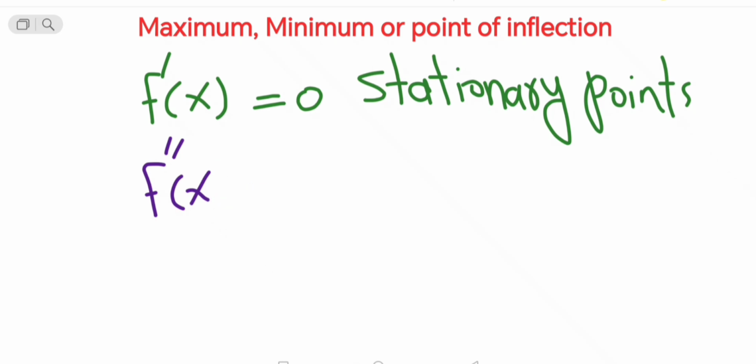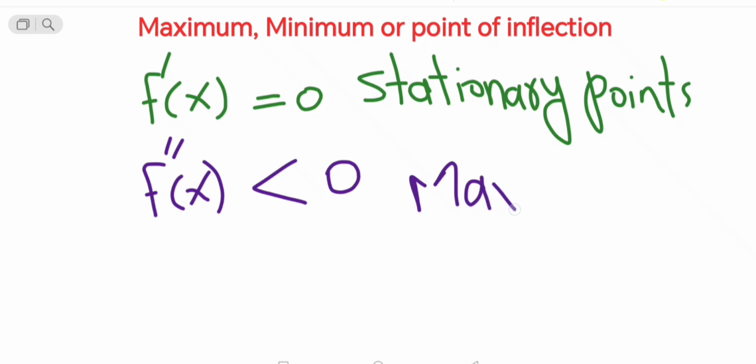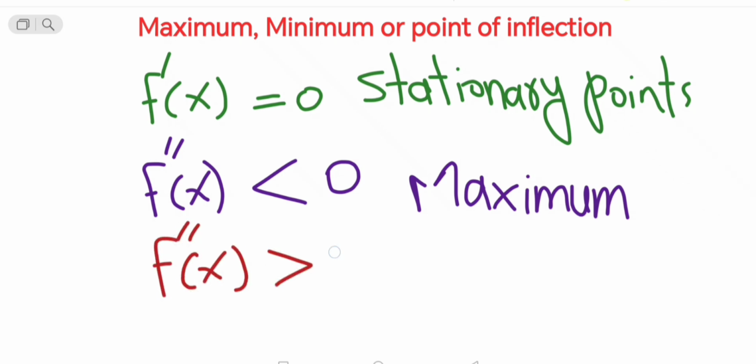If the second derivative is less than 0, meaning negative, then the stationary point will be a maximum point. If the second derivative is greater than 0, then the stationary point will be a minimum point.